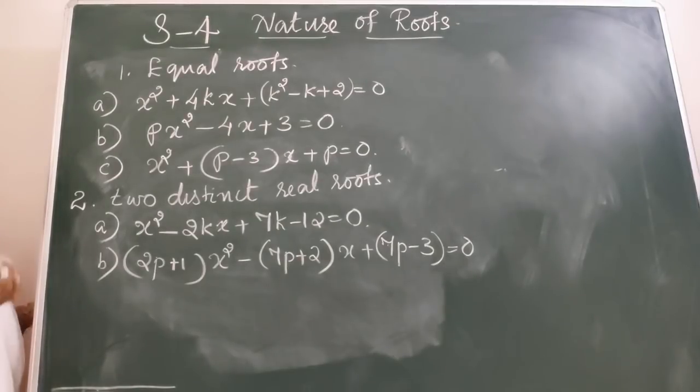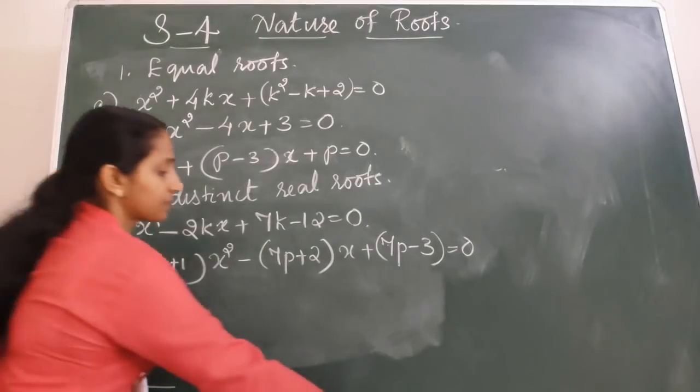If the value of D is greater than 0, the equation is having two distinct real roots, and if D equals 0, then the equation is having two equal roots, and if D is less than 0, there won't be any real root. Alright? Okay.